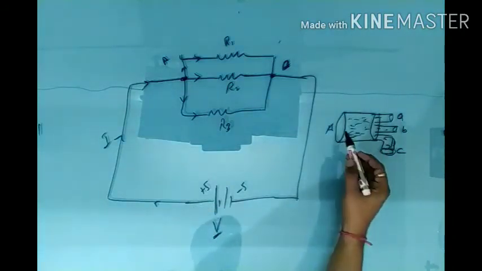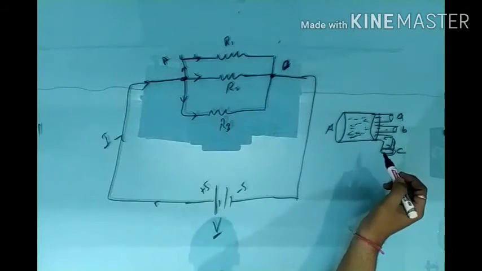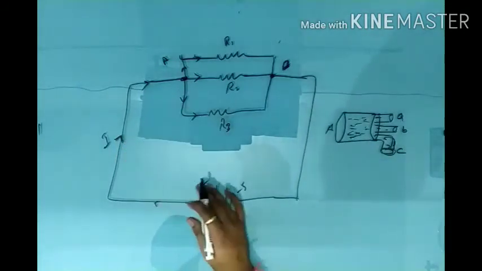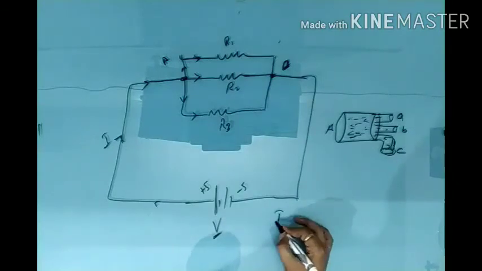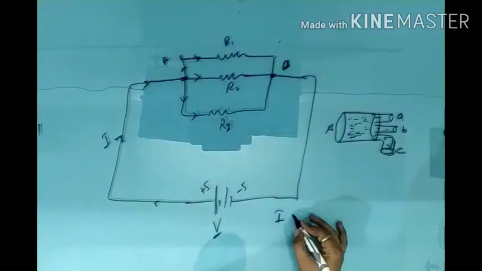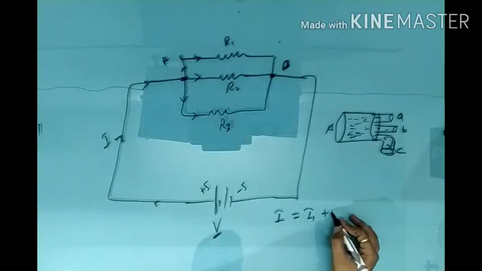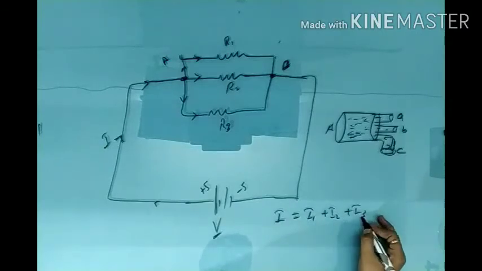It means total current is again divided into three parts like this. So total current is I, and we are dividing the current, which means I is equal to I1 plus I2 plus I3.